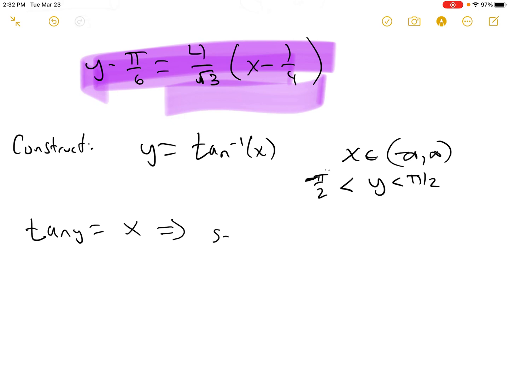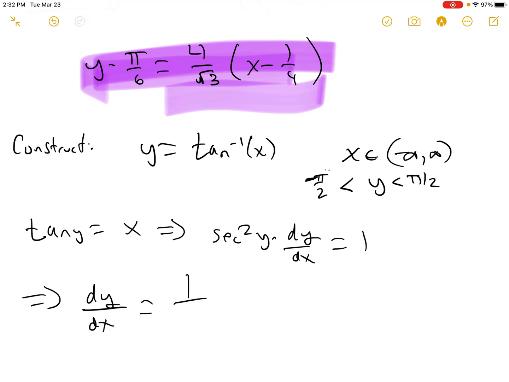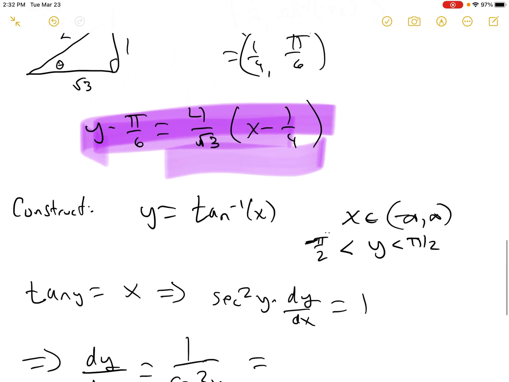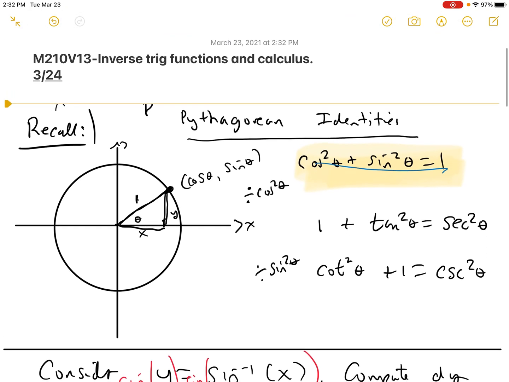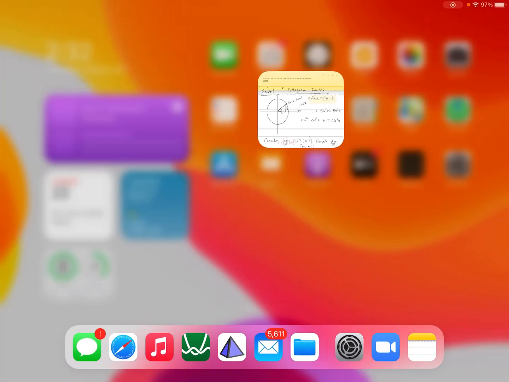Implicitly differentiate. You get secant squared y times dy dx equals 1. So solving for dy dx, you get 1 over secant squared y. And this is equal to 1 over 1 plus tan squared y.